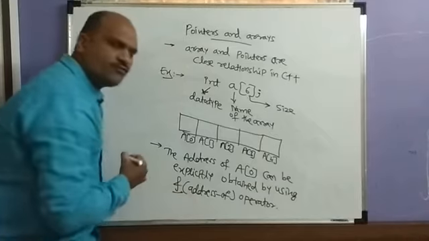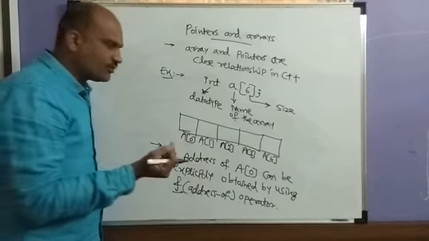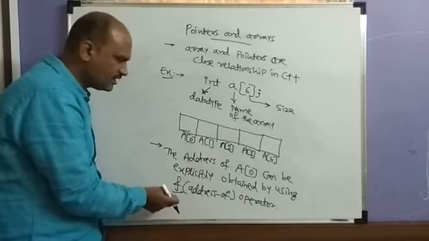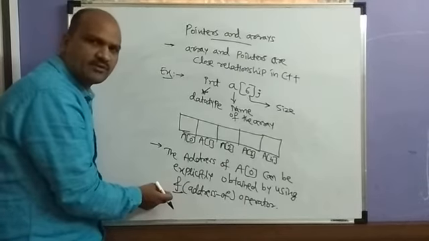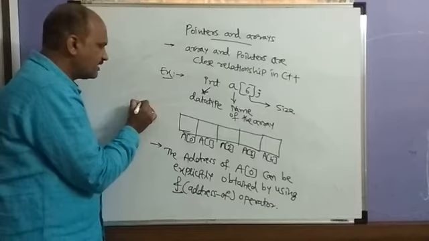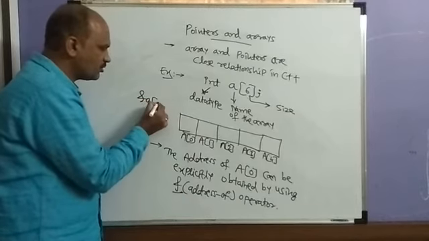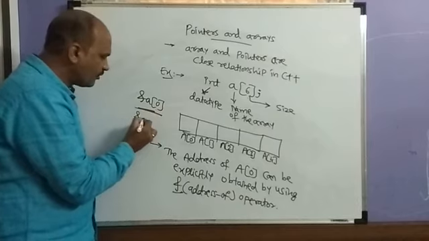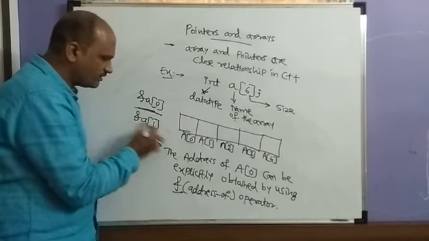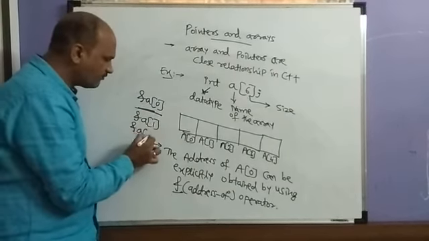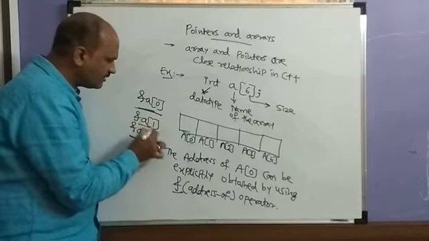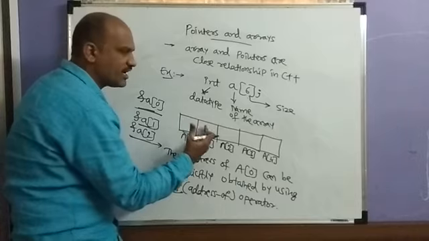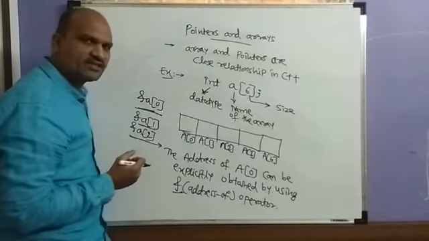So if you need the address of each array position, we can use the address-of operator. We write &a[0], which means address of a[0]. If you want the address of a[1], then a[2], like this we can take the addresses of each element assigned in the array.